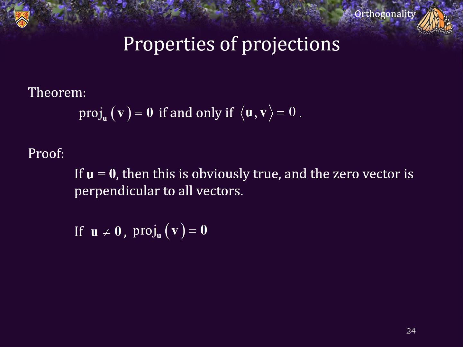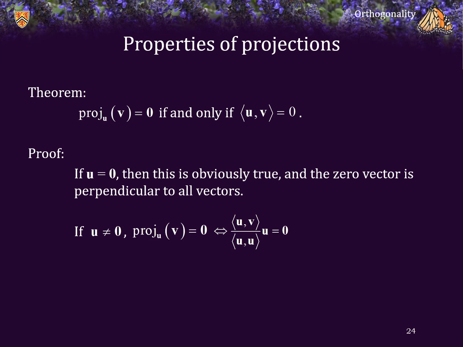Let us assume that u is not equal to the 0 vector. Well, if u is not equal to the 0 vector and the projection of v onto u is the 0 vector, that is true if and only if this ratio times the vector u is equal to the 0 vector.